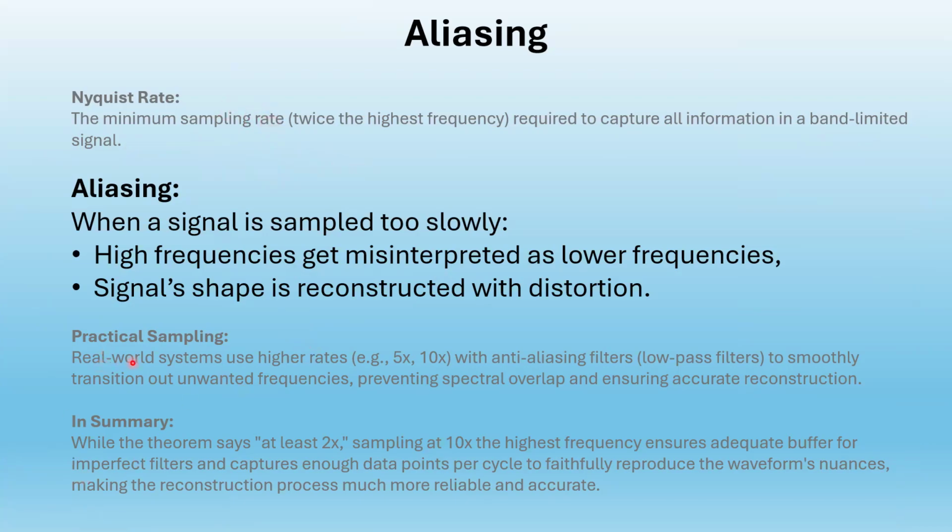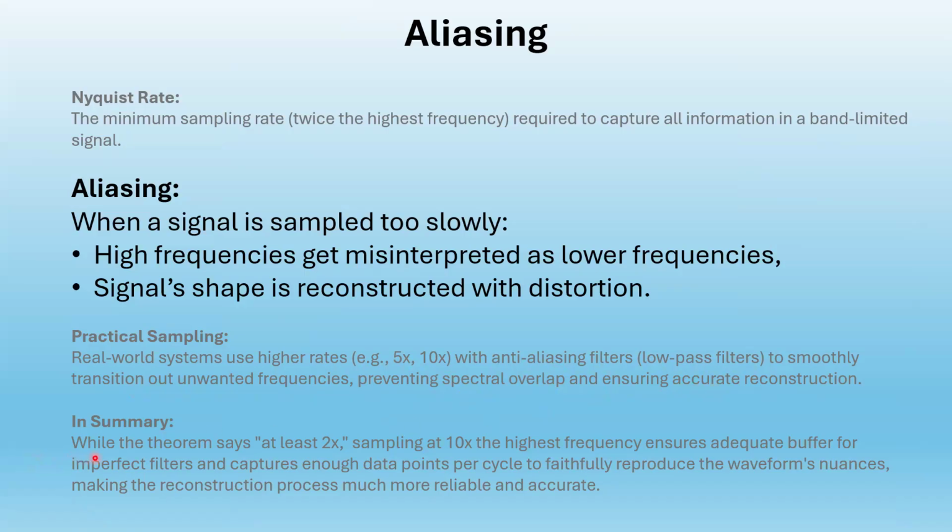Now, practical sampling. When it comes to certain signals, instead of sampling at twice the highest frequency, real world systems use higher rates, for example, 5 times or 10 times, with anti-aliasing filters, which would be low-pass filters, to smoothly transition the unwanted frequencies, preventing spectral overlap and ensuring accurate reconstruction.